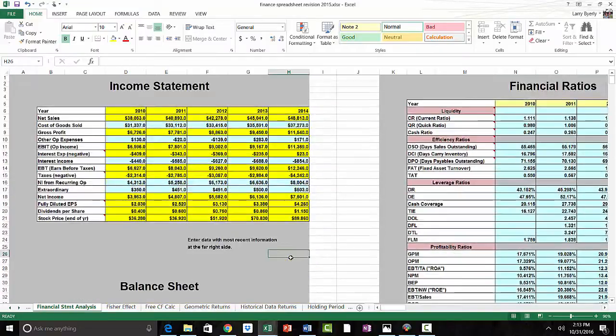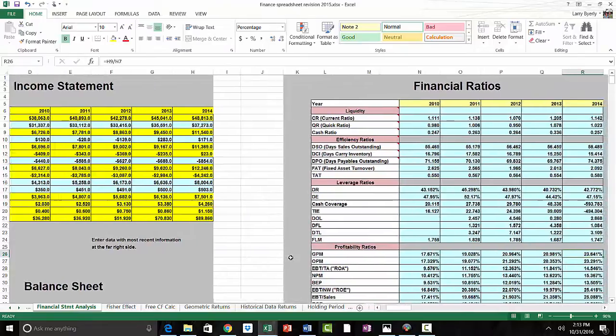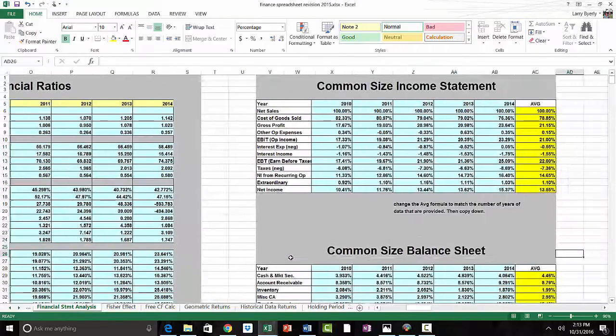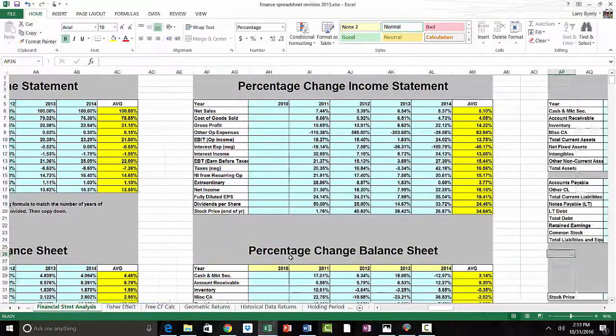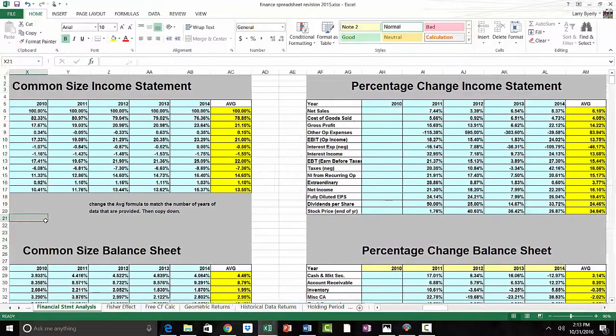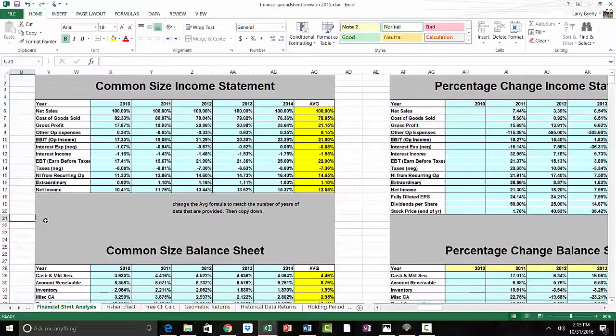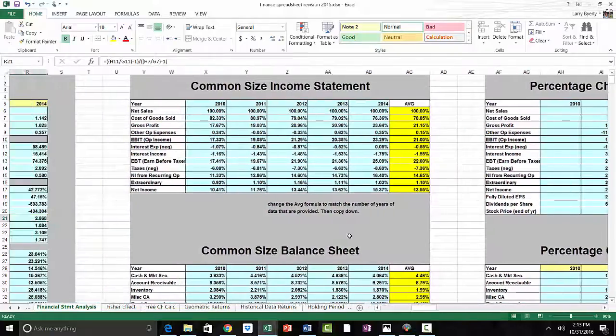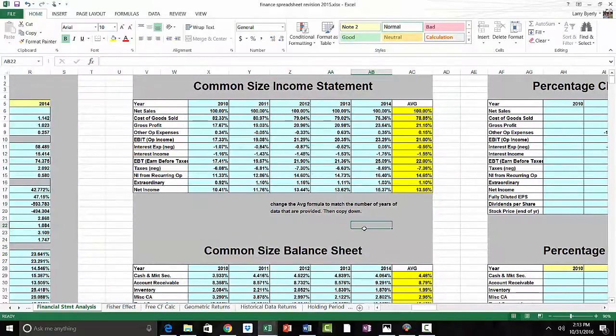So let's talk about what this spreadsheet does. For right now, it provides us with financial ratios. All the ratios are calculated. It provides us with what are referred to as common size statements. What's the relative size of the line items within the balance sheet or within the income statements? How much of sales is gross profit?